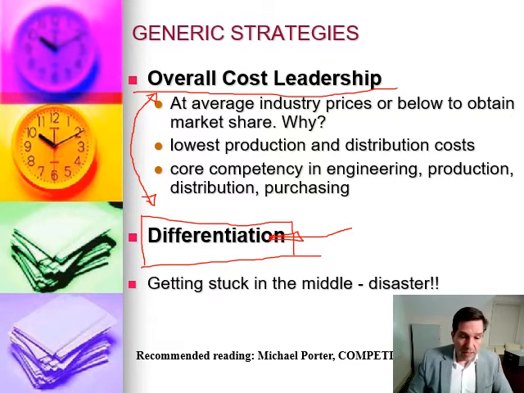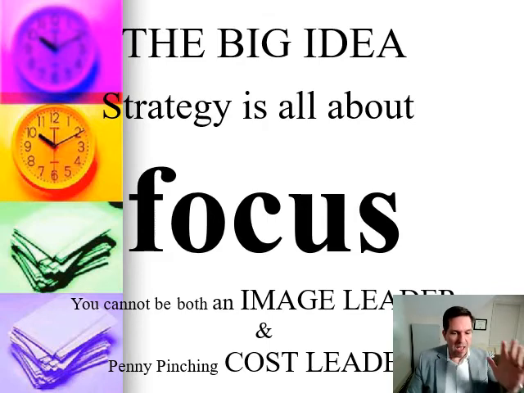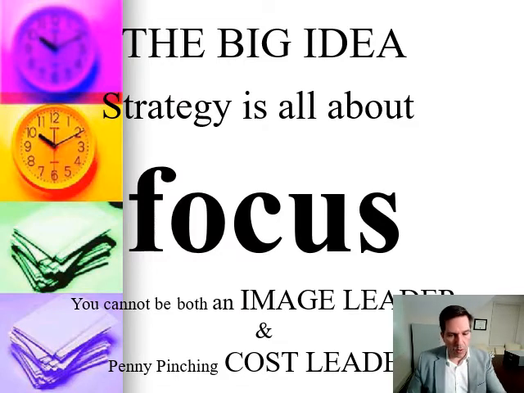So if you get stuck in the middle, you lose. Okay? So the big idea in your strategy is pick a street and basically execute and make sure that all your ideas are aligned around that very clear idea, right? Whether you're trying to be the cheapest or you're trying to be leader in some sort of differentiation aspect or vector. It doesn't matter which one, but pick one and run with it.